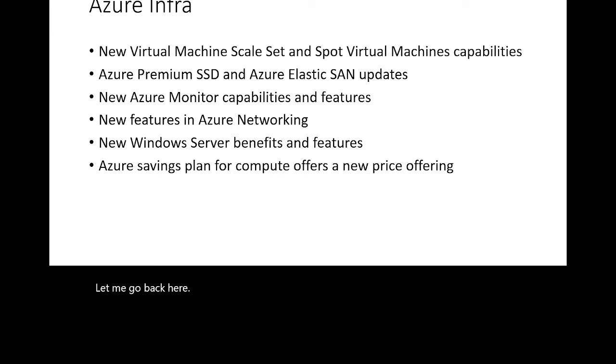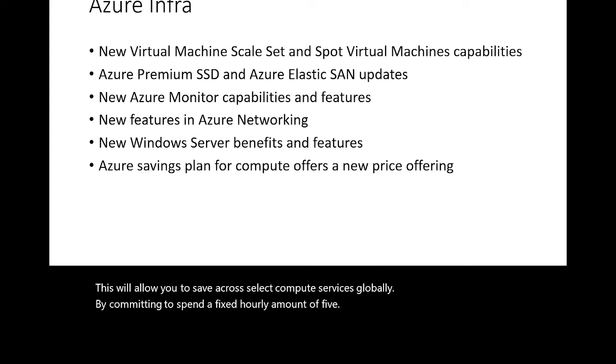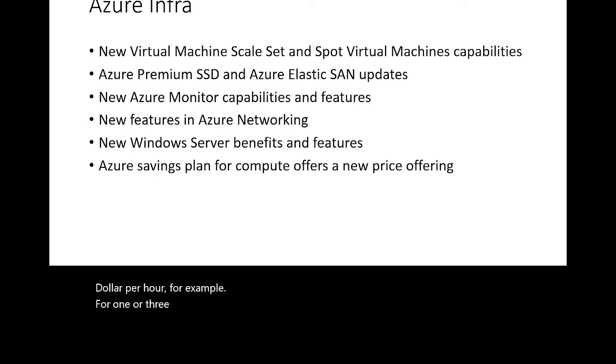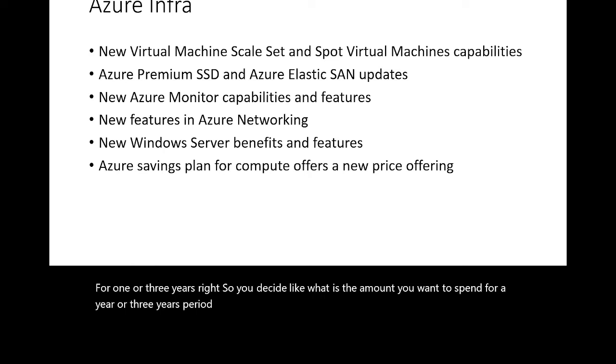This will allow you to save across select compute services globally by committing to spend a fixed hourly amount of, say, $5 per hour for 1 or 3 years, right? So you decide what is the amount you want to spend, and what is the time you want to commit.